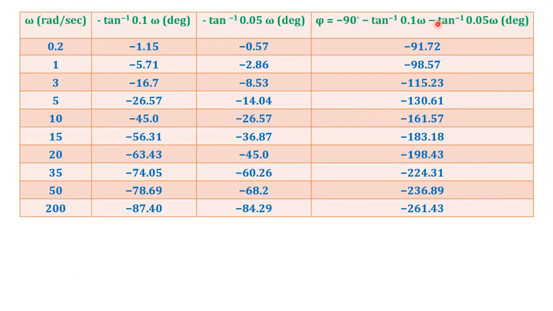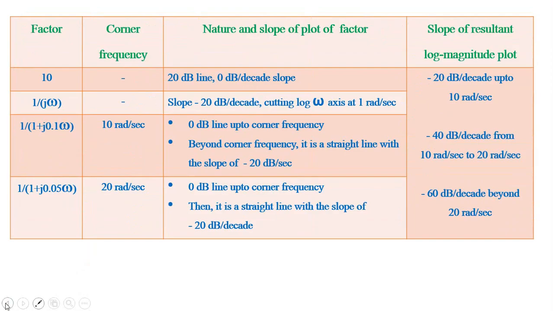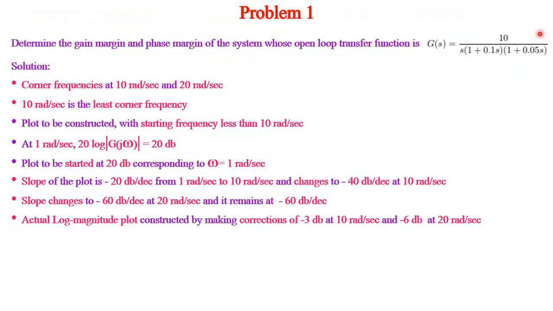Before that, the phase angle also we can plot. For different frequencies, I have written the phase angle expression. How have I written it? From this I can write 10 by j omega into 1 plus j 0.1 omega into 1 plus j 0.05 omega. When I write the phase angle expression, 10 is 0, j omega is 90 degrees, tan inverse of 0.1 omega, tan inverse of 0.05 omega, all with the negative sign.